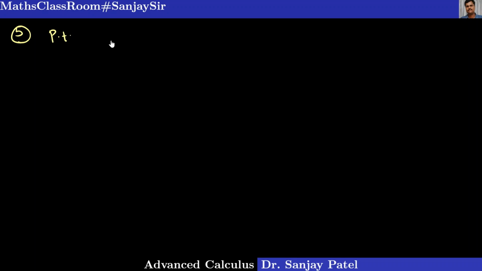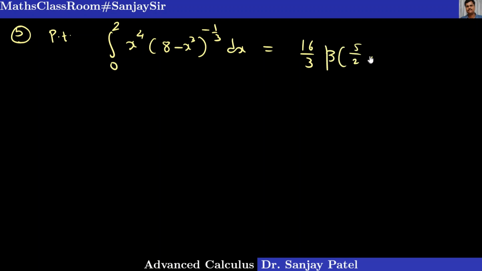Prove that the integral from 0 to 2 of x raised to 4 into 8 minus x cube raised to minus 1 by 3, x raised to minus 1 by 3 dx, is equal to 16 by 3 into beta of 5 by 2 comma 2 by 3.